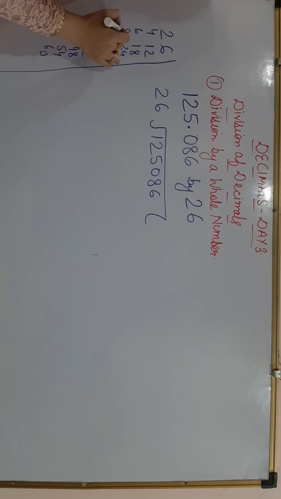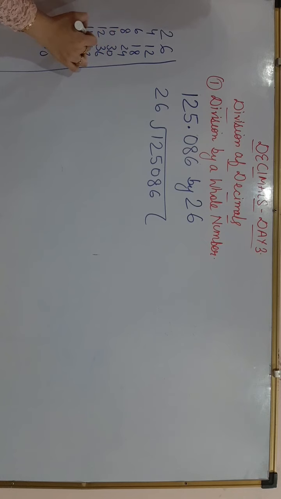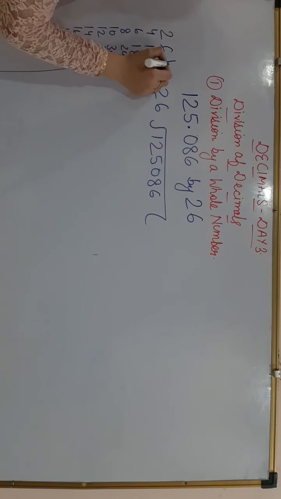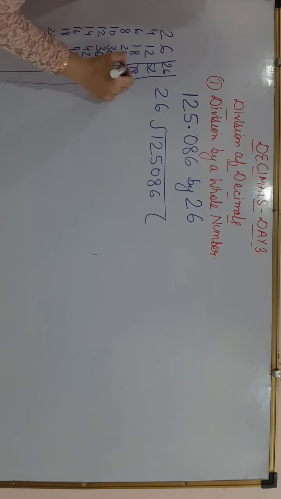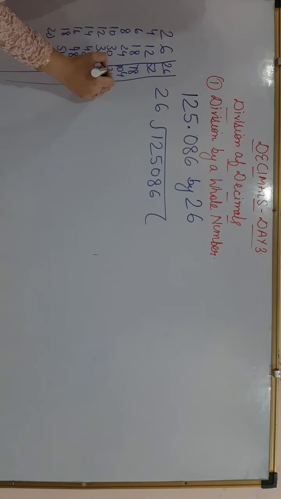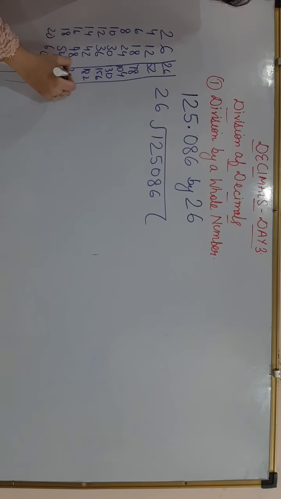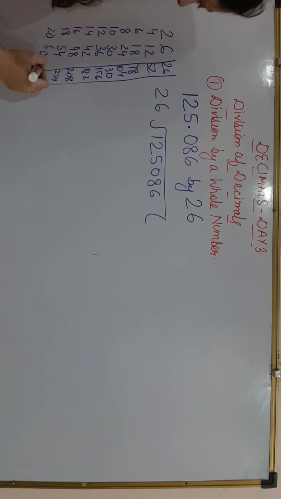Using the shortcut method, I am writing the table because it makes my task easier. So 26, 52, and then 78, 104, 130, 156, 182, 208, 234, and then 260. Yes.